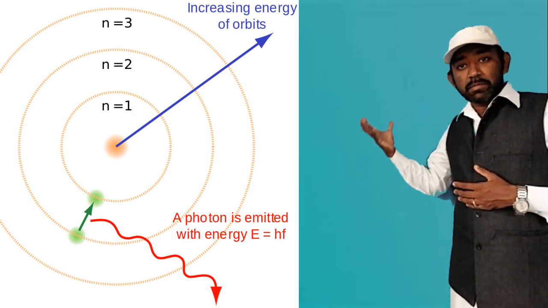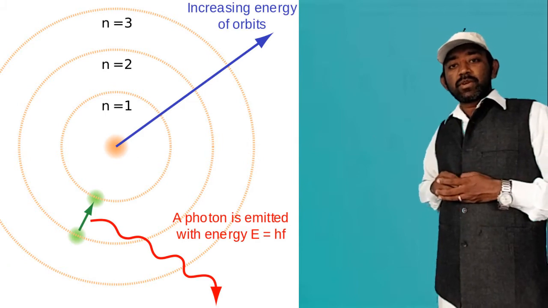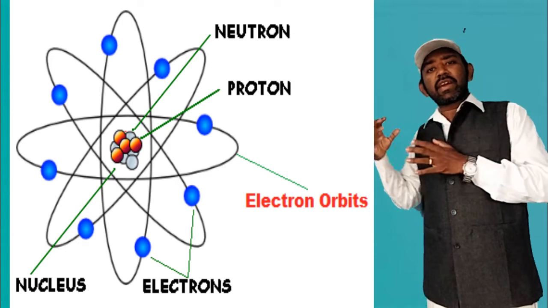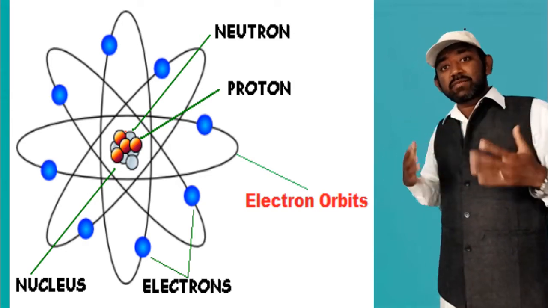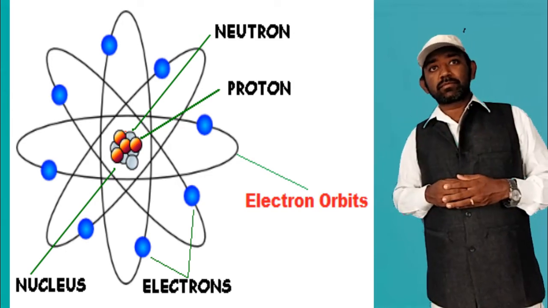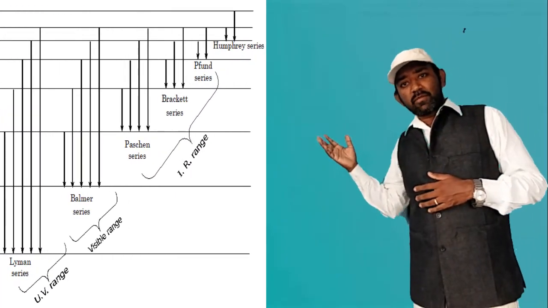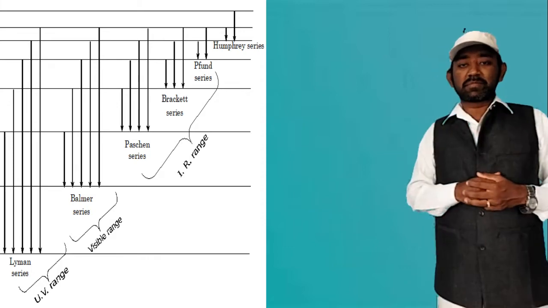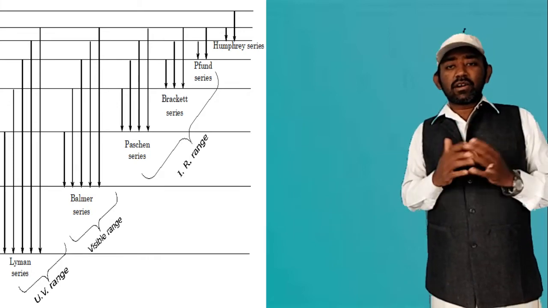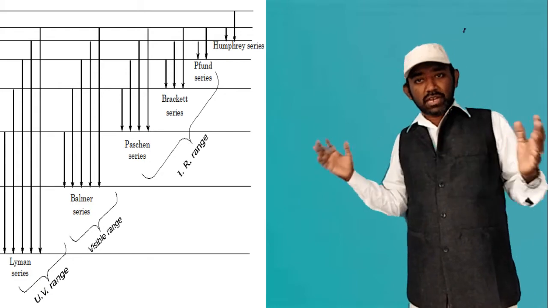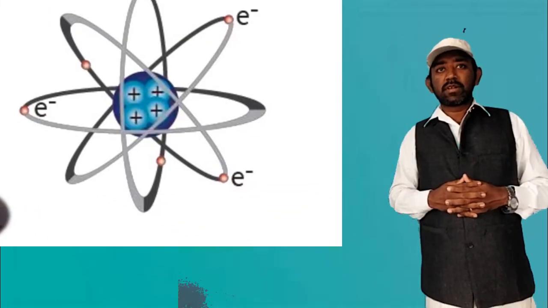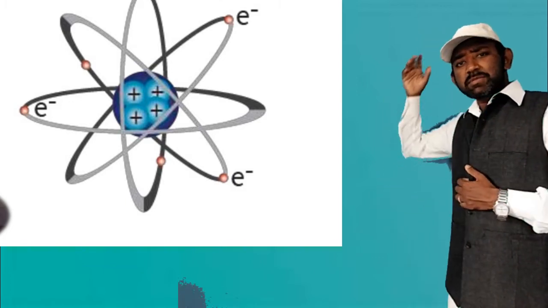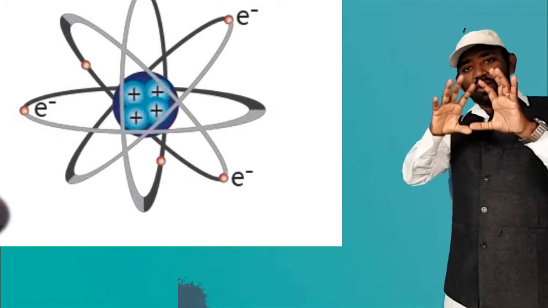We can calculate the Rydberg constant and the wave number, and explain the spectral series of the hydrogen spectrum, which consists of the Lyman, Balmer, Paschen, Brackett and Pfund series. We can also draw the energy level diagram. By using Bohr's atomic model, we can explain much of the atomic structure.